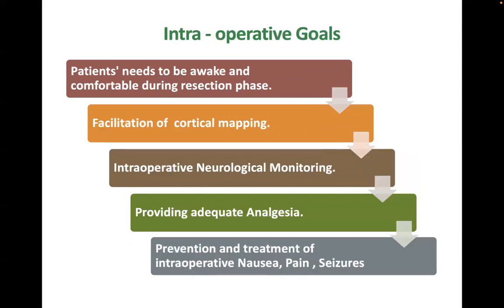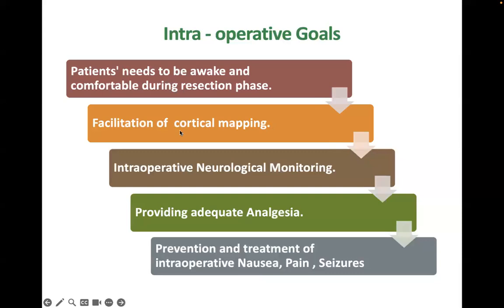So after discussing with the patient and carefully selecting the patient, you have to consider the intraoperative goals. The most important goal is that the patient needs to be awake and take an active part in the neurological assessment, so he or she can do the neurological tasks. Similarly, it's our job to make our patient comfortable during the resection phase and other parts of the surgery.